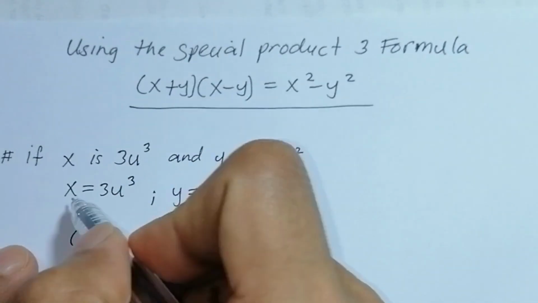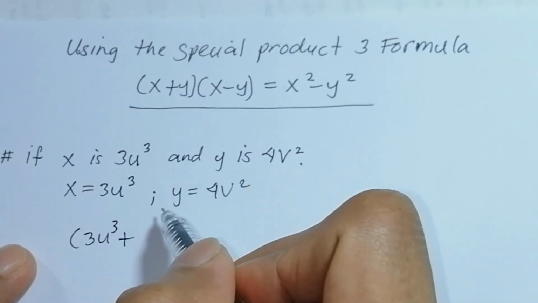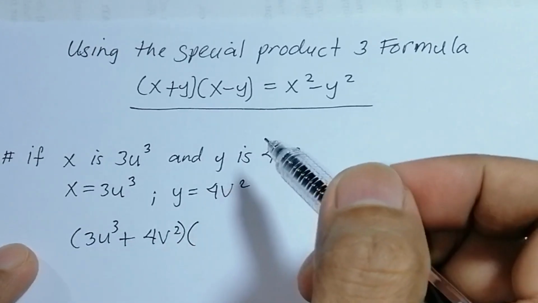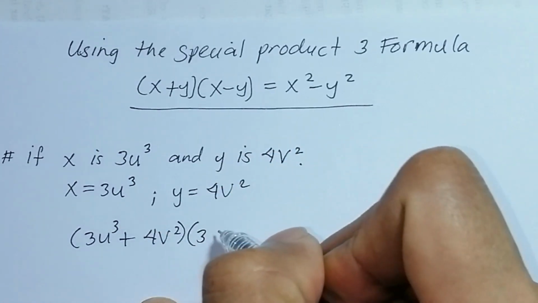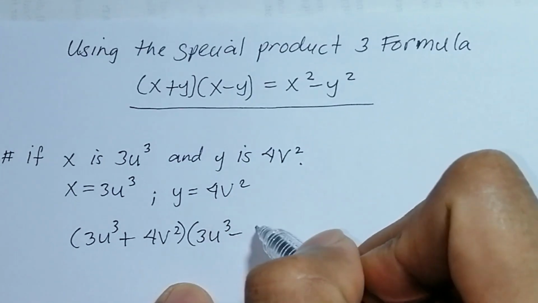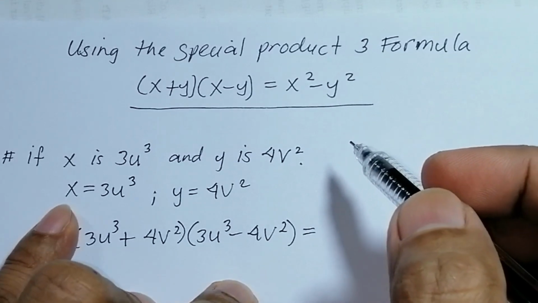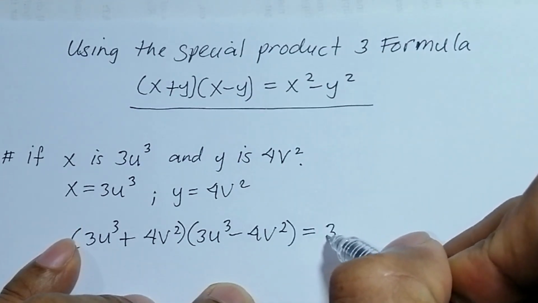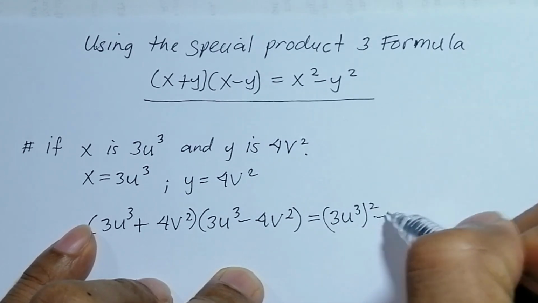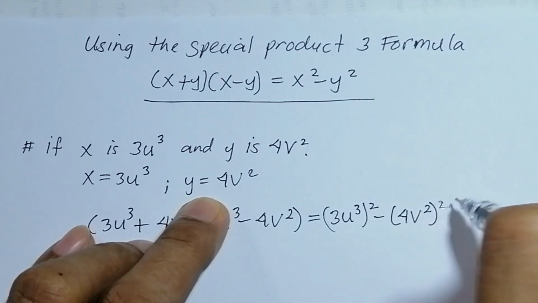Now using this formula, our x is 3u cubed plus the y is 4v squared, bracket, x is 3u cubed minus y is 4v squared, is equal to the value of x, 3u cubed, then squared, minus our y, 4v squared, squared.